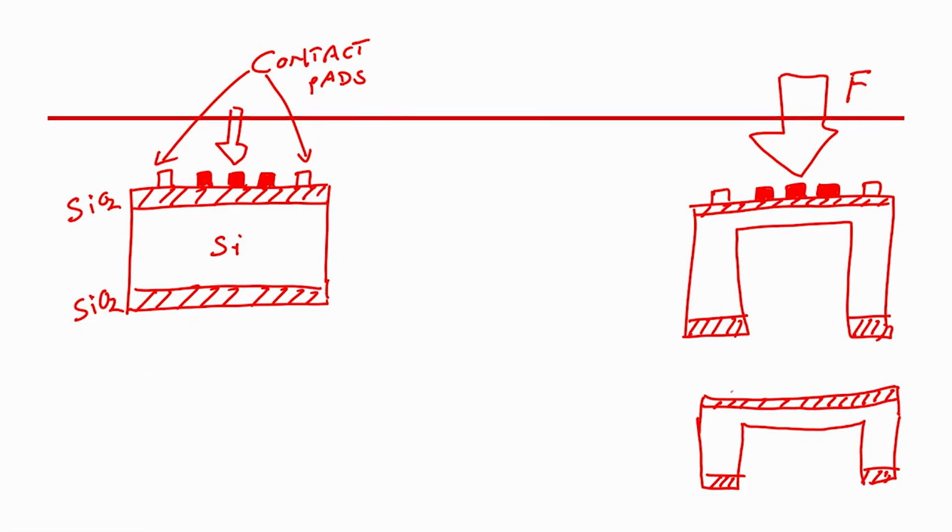Alright. So, when it bends, what will happen? Because of the strain, there will be a change in resistance. If I measure the resistance across this one, this will be R. If I measure across this one, there will be R plus delta R, depending on whether it is compressive stress or not.